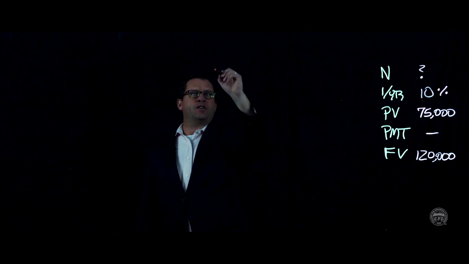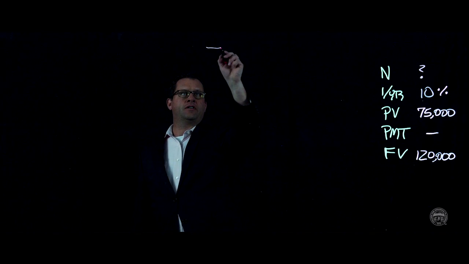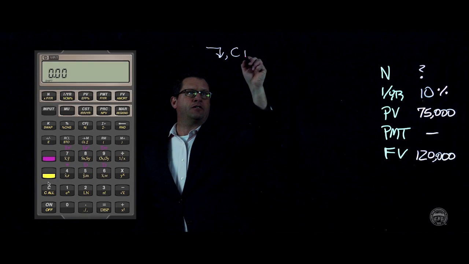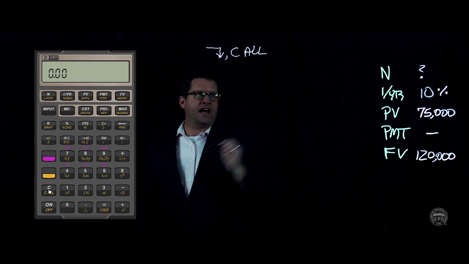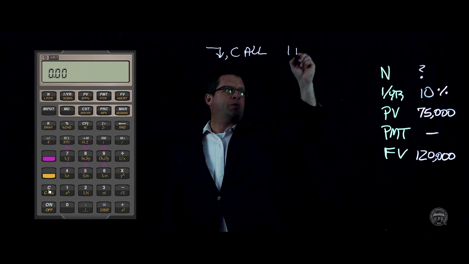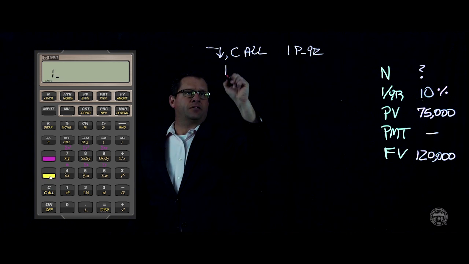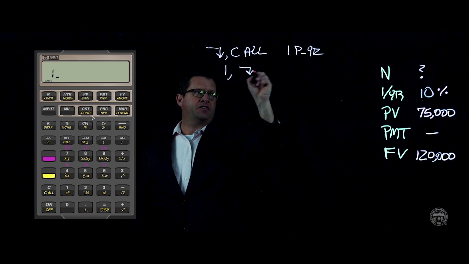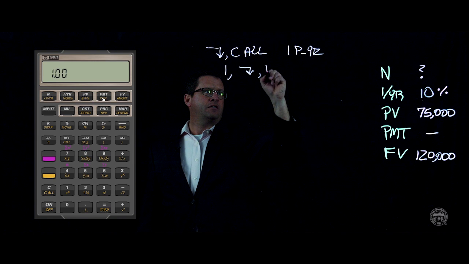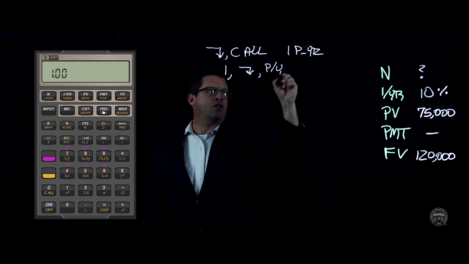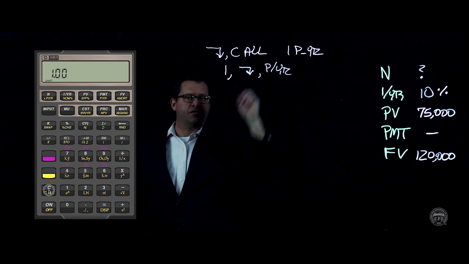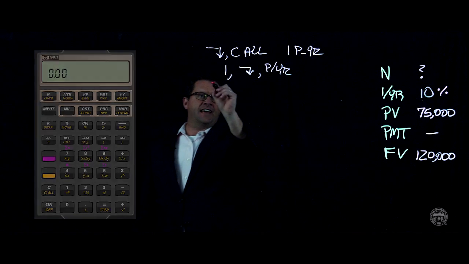So the first thing we want to do is hit downshift and then clear all to see if you have your 1 compounding period per year. If not, we're going to enter 1, the downshift, and then the P/YR key. Then you can hit your downshift clear all to confirm that you've got that set.